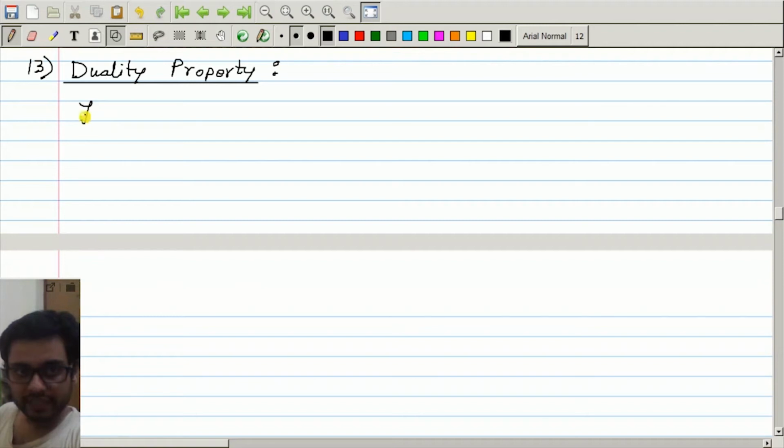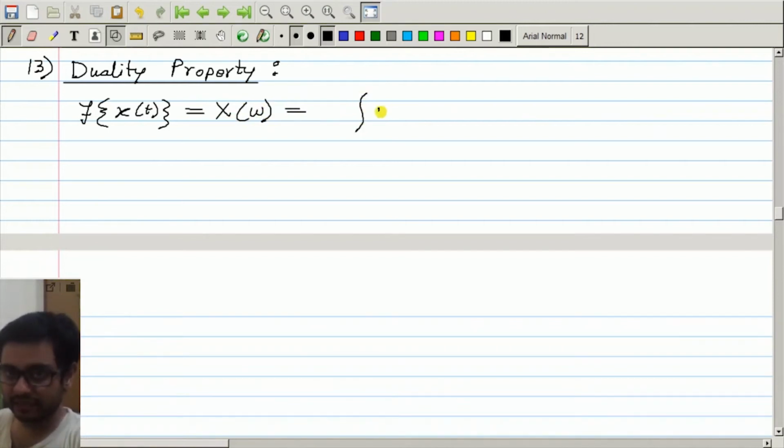We know that the Fourier transform of any signal small x, which we write as capital X of omega, is given by the integration x t e to the power minus j omega t dt from t equal to minus infinity to plus infinity.